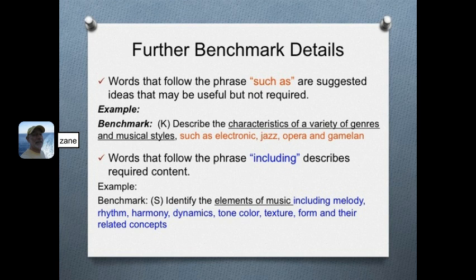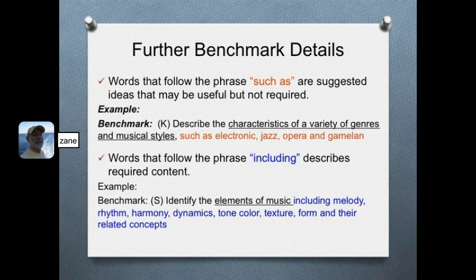Some benchmarks include curriculum ideas, and those curriculum ideas usually follow the phrase such as. In this case, such as electronic, jazz, opera, and gamelan. These are merely suggestions and are not a requirement of the benchmark.